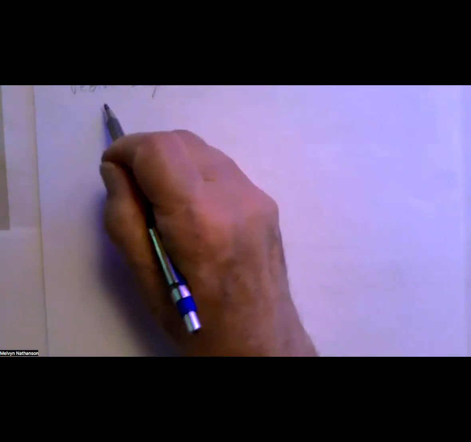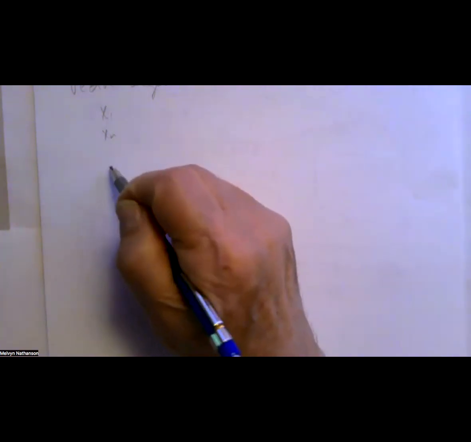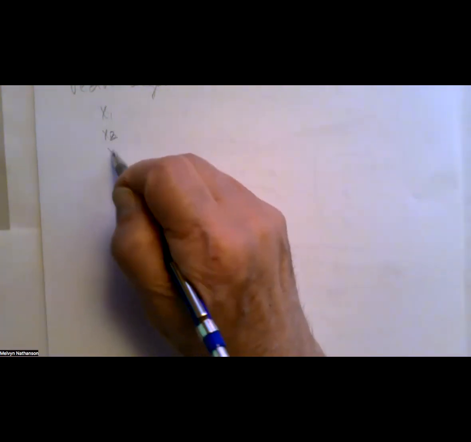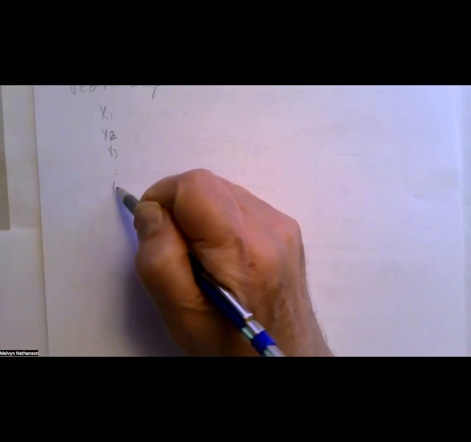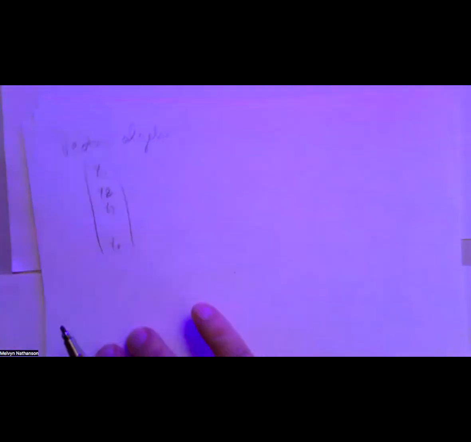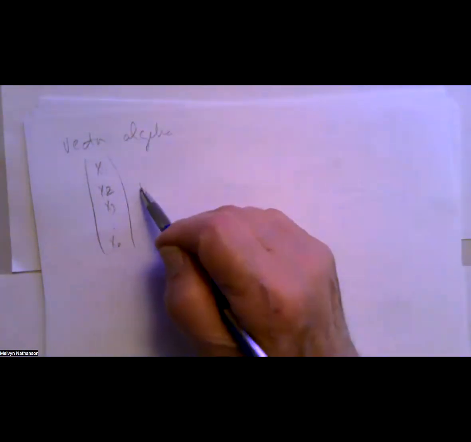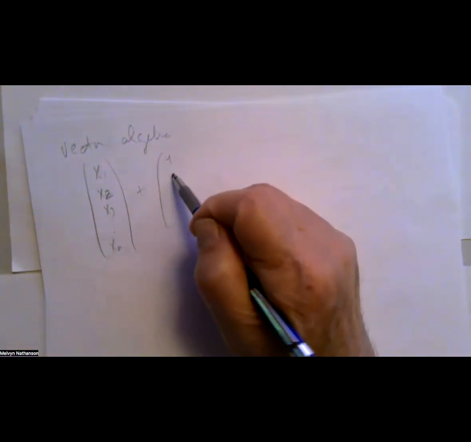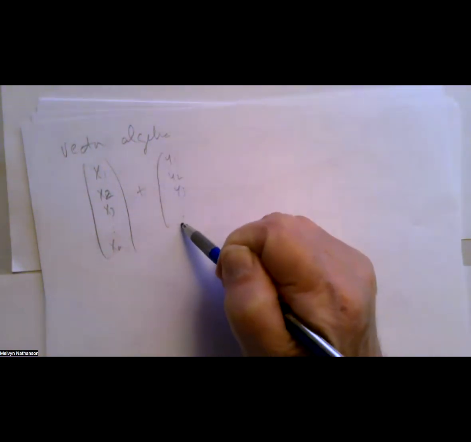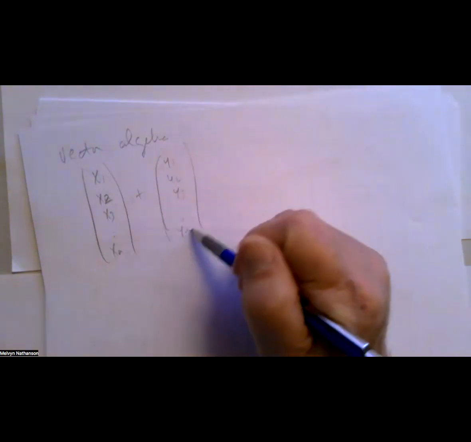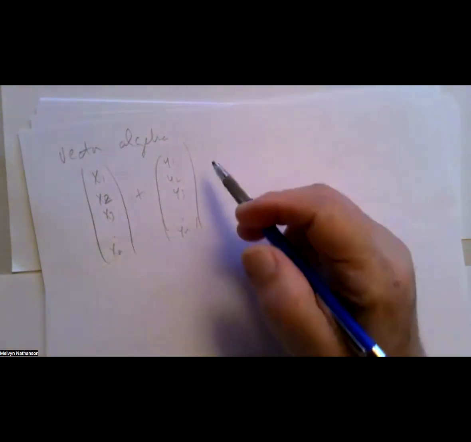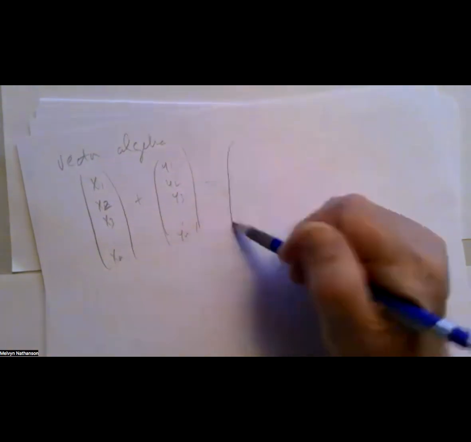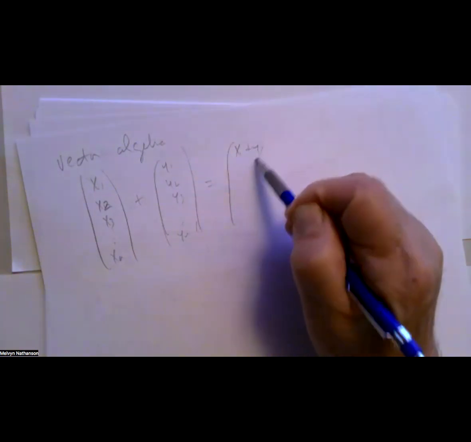Remember, an n-dimensional vector is just a column in big parentheses of n numbers. And by vector algebra, I want to describe, first of all, how to add and subtract vectors. If you have two vectors of the same dimension, they have to have the same number of coordinates, you can add them just by adding the coordinates.